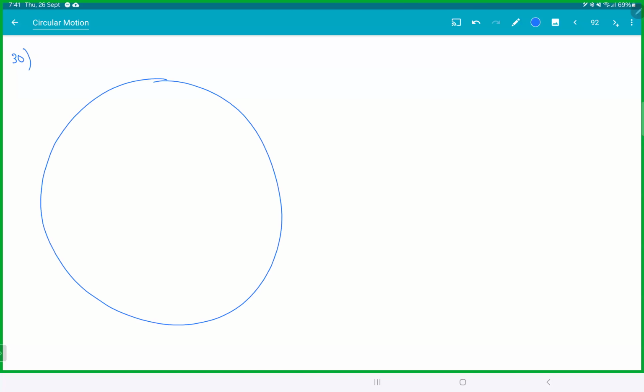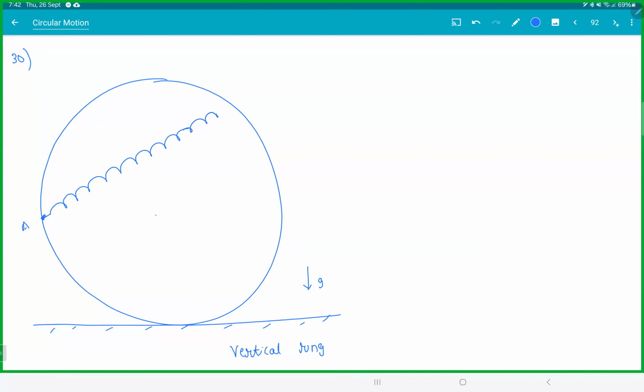We have a vertical ring here. Gravity is there. The spring is attached here. This is a movable ring.